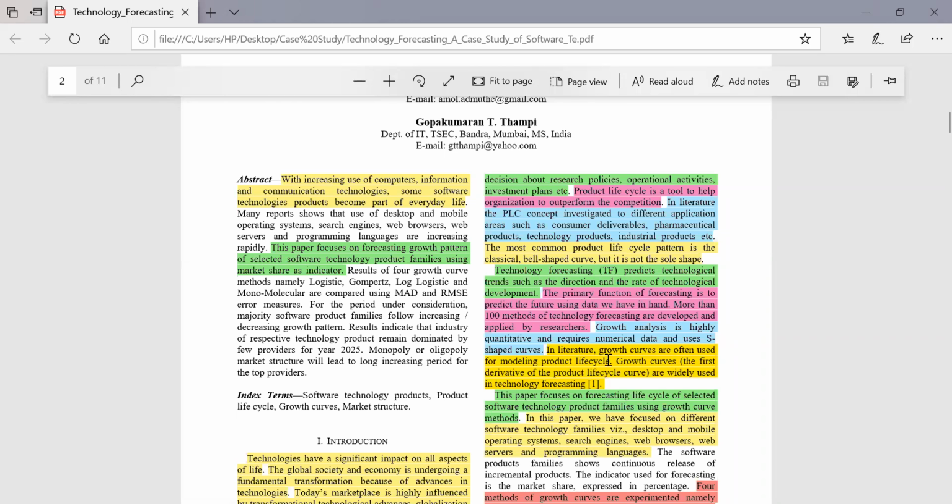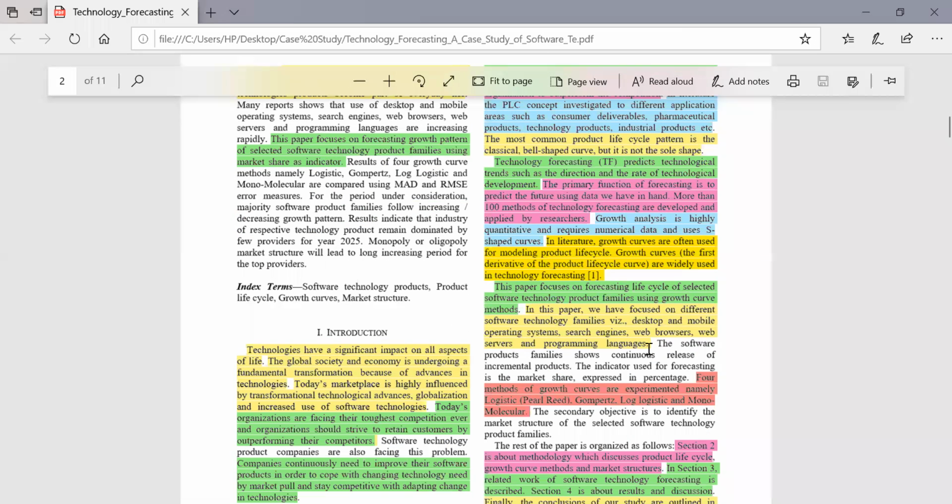The growth curve we studied is used for modeling the entire time of a product life cycle. The growth curves, the first derivative of the product life cycle, are widely used in technological forecasting. So whenever you speak about technological forecasting, it directly relies on our product life cycle, and hence both go hand in hand.